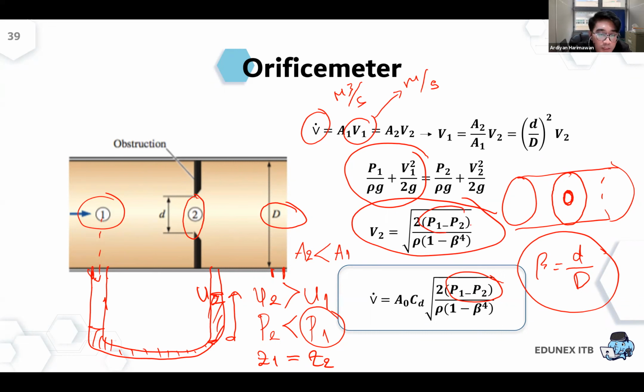The pressure difference is basically the height difference. You need to know the density of the manometer fluid. This one is the density of the water, the fluid that's flowing inside. Okay, any question?